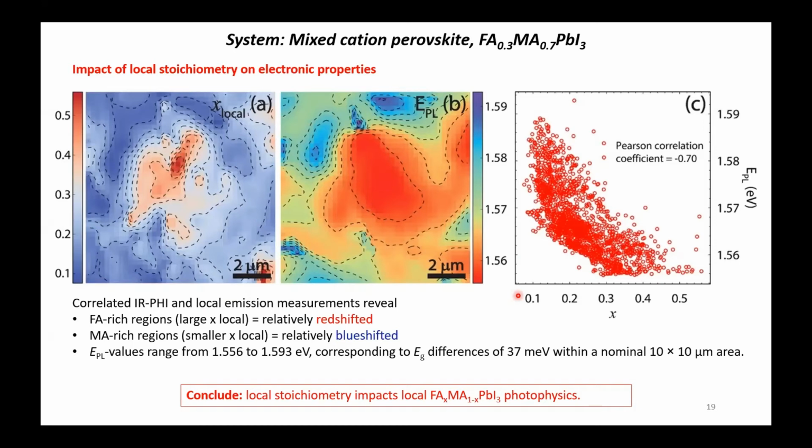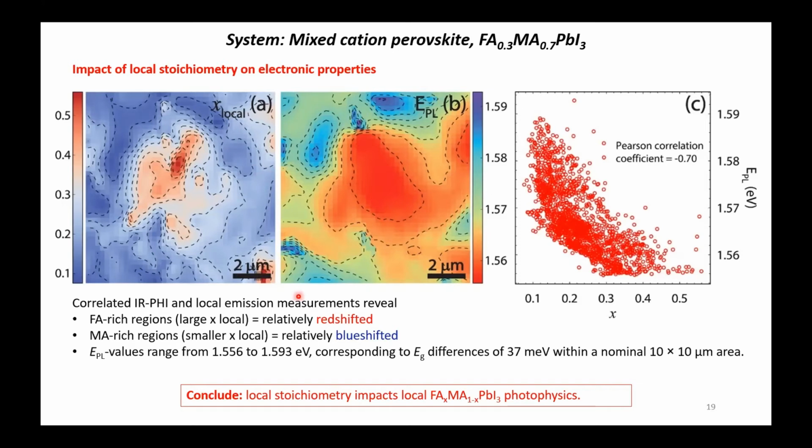photoluminescence properties. Specifically, we're interested in the photoluminescence energy, as it gives you an idea of what's happening with the band gap of these materials. By correlating these two maps, we see a strong correlation between local chemical composition and local photoluminescence energy, indicating that this chemical stoichiometry translates into changes in optical properties.